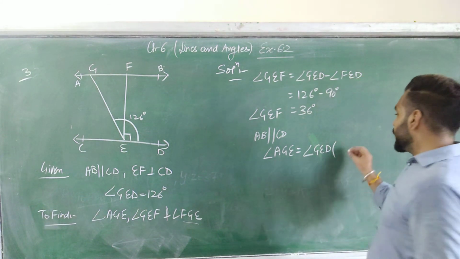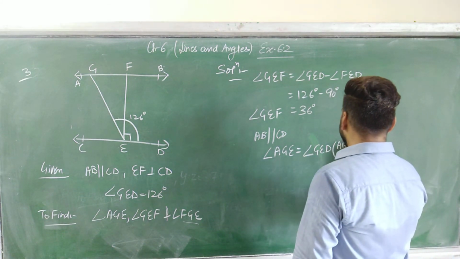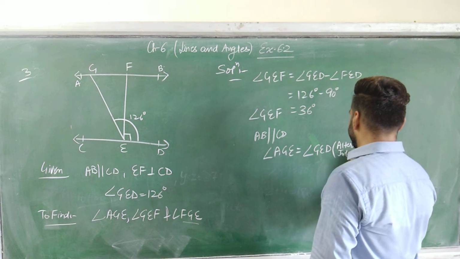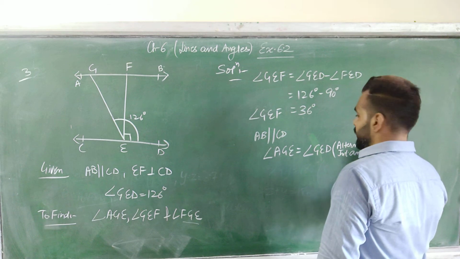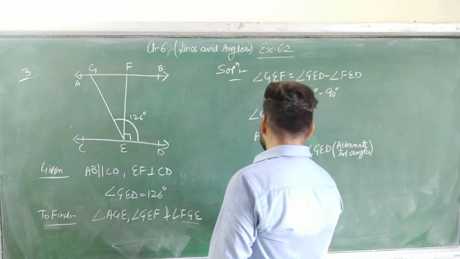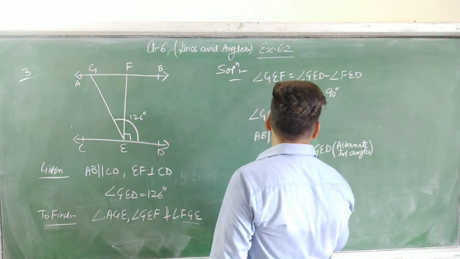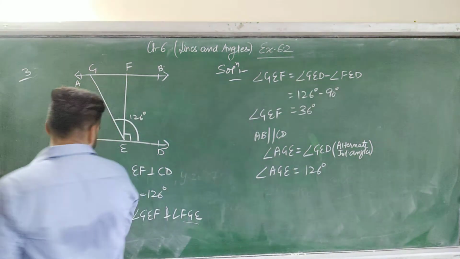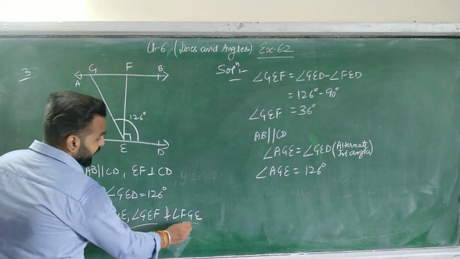Why? Because they form alternate interior angles. So the value of angle AGE is 126 degrees.